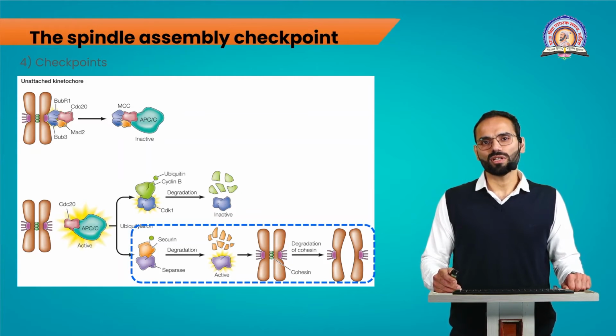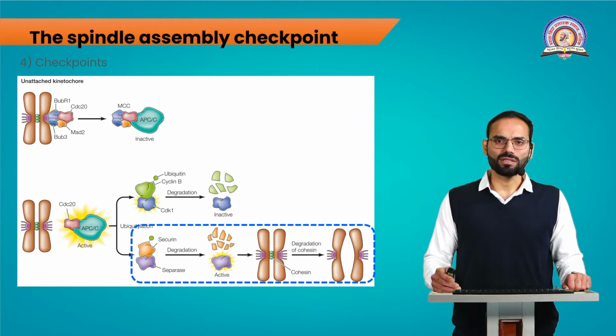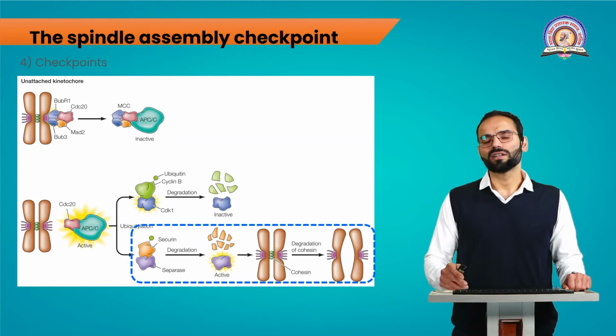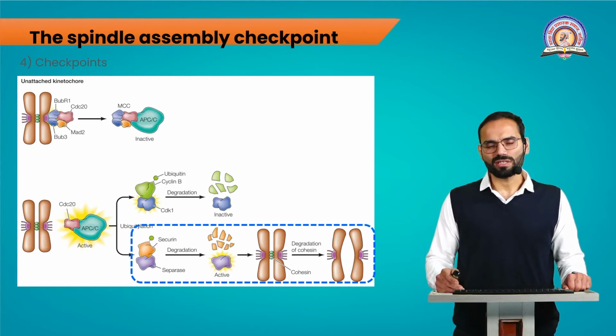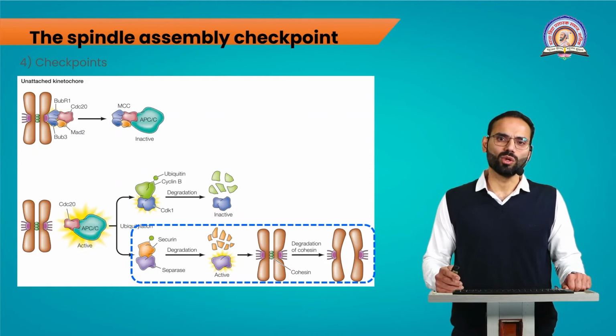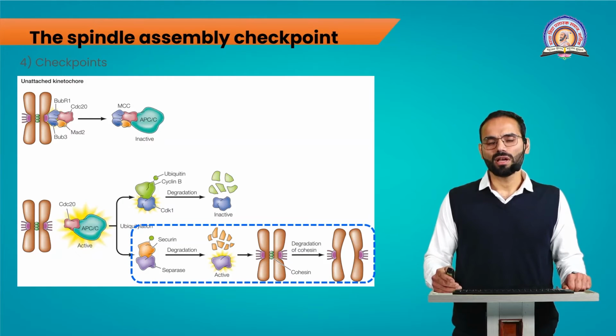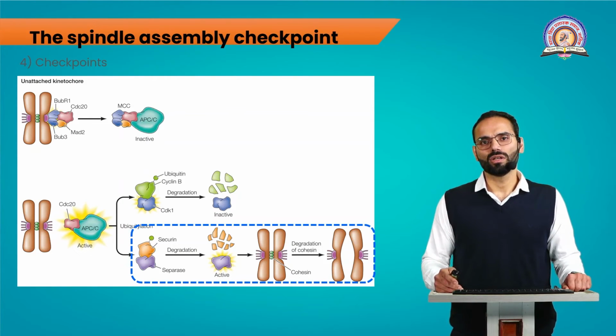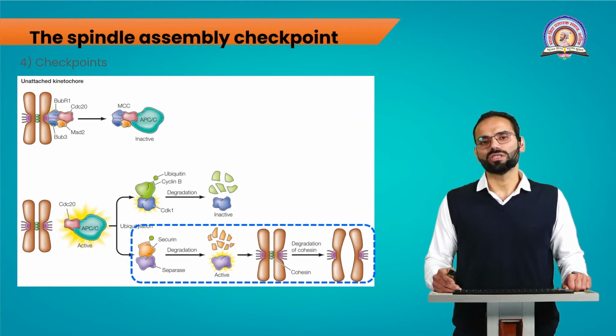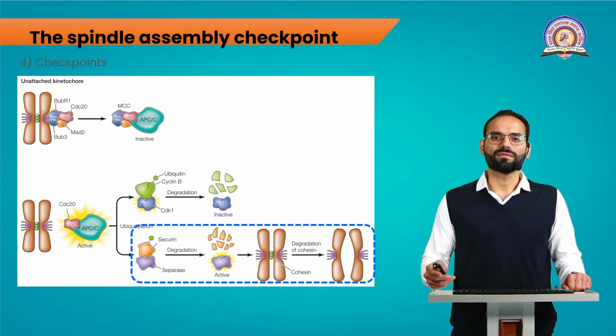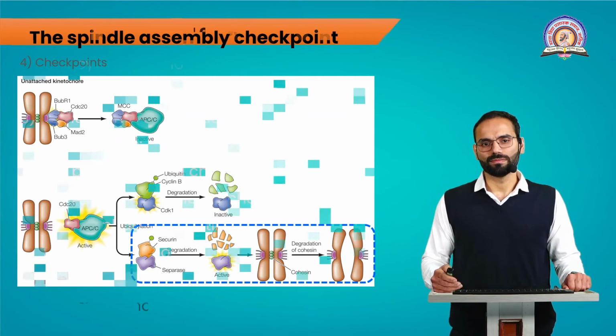The separase protease, as usual, functions at the centromeric sites and removes the cohesin, which acts as a glue that holds two sister chromatids together. As a result of the cohesin cleavage, there is a segregation of sister chromatids into two daughter nuclei, and that results in a successful metaphase to anaphase transition.